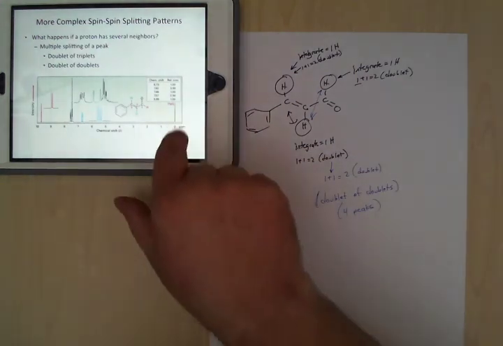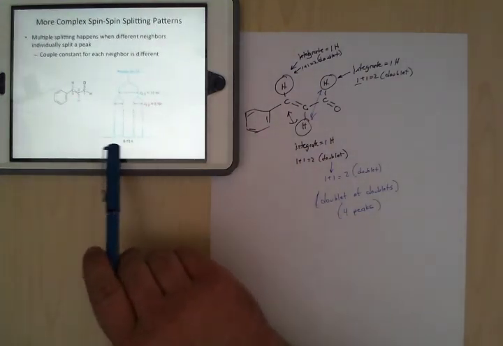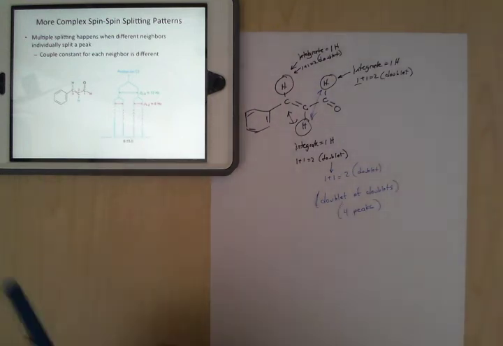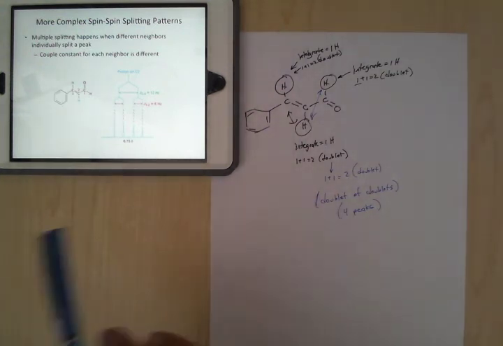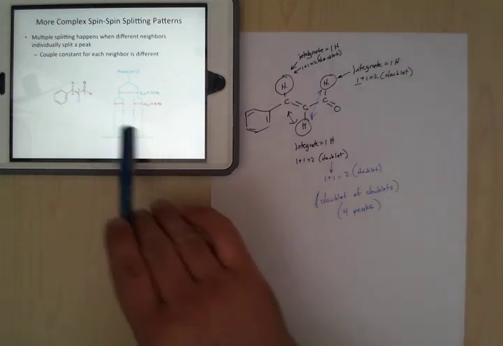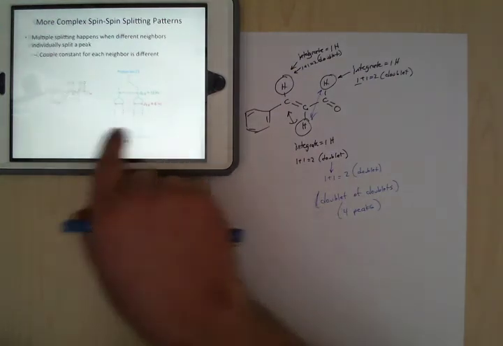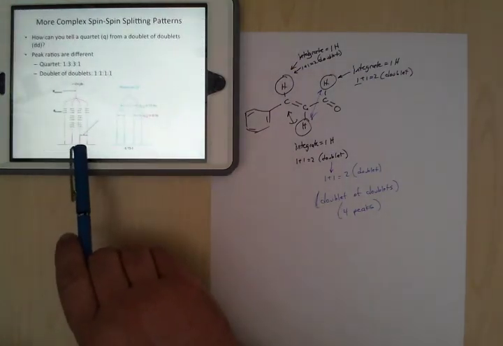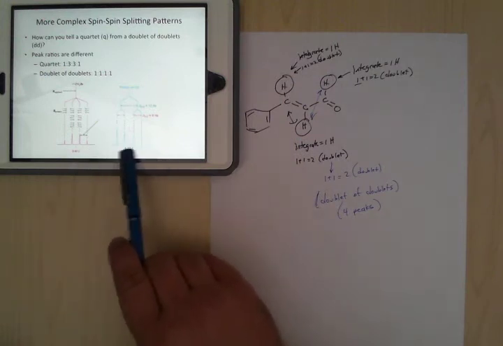If you notice, the splitting pattern for this one is different. You don't have this sort of Gaussian shape; it can go flat. You can actually get a little bit of angle, and sometimes the peaks angle towards where they're splitting with. If you look at a quartet, the height ratio is 1 to 3 to 3 to 1, but for a doublet of doublets it's basically 1 to 1 to 1 to 1, roughly.